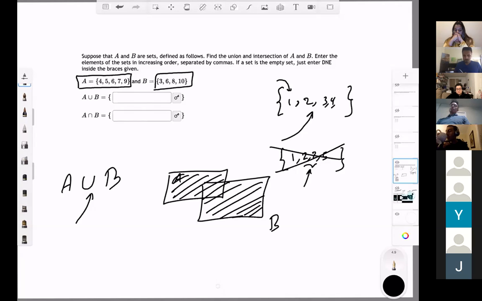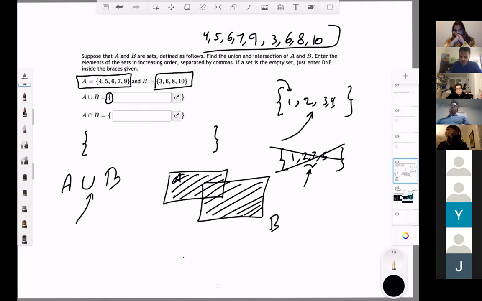Good. So the answer will be a set notation as well, okay? When you're answering it, you need to make sure you're following all the set properties. I'm going to write it here first. It's going to be 4, 5, 6, 7, 9, that's A, then 3, 6, 8, 10, correct?